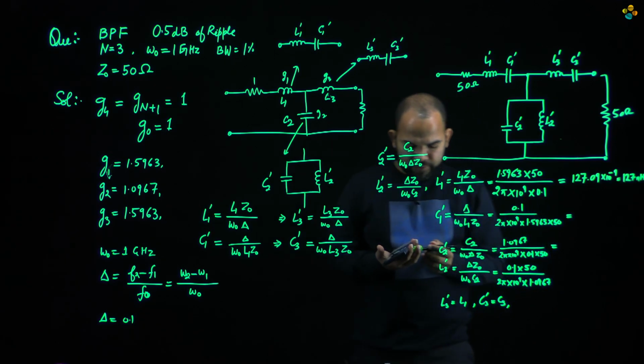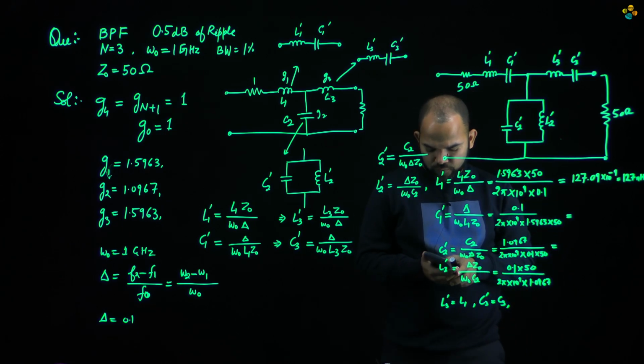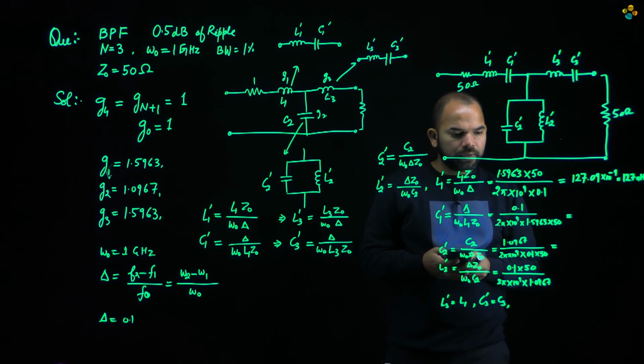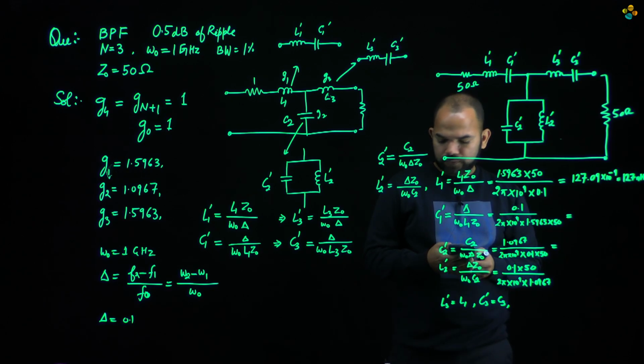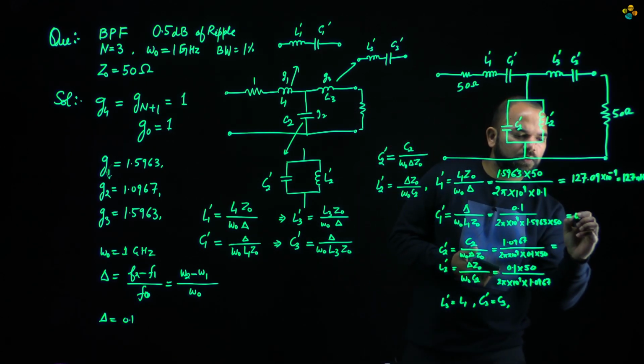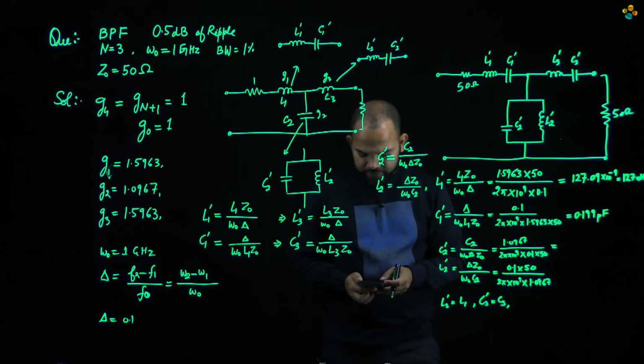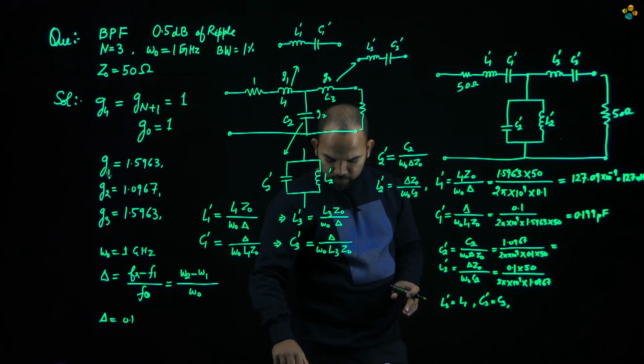Now for C1 dash, 0.1 divided by 2 divided by pi divided by 1.5963 divided by 50, so it comes out to be 0.199 picofarad. I have pre-calculated these values, so I'm just writing those pre-calculated values.